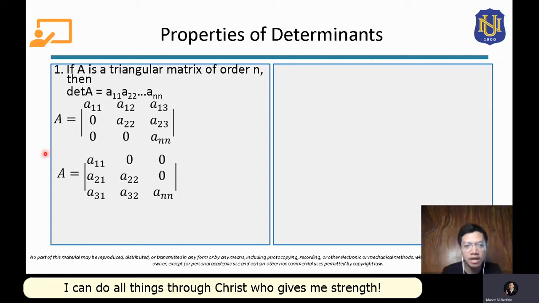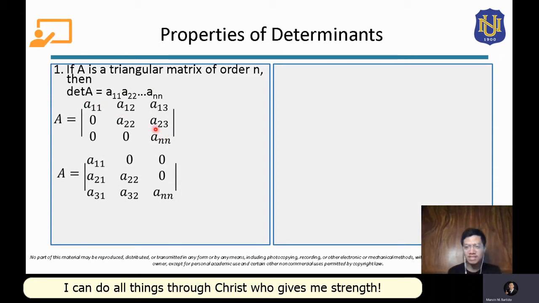So it's either an upper triangular matrix, so this matrix is an upper triangular matrix, and this matrix is a lower triangular matrix. Our rule in this property is that the determinant of these triangular matrices will just be equal to the product of the elements in the principal diagonal. So these elements, A11, A22, ANN, are actually the elements in the principal diagonal.